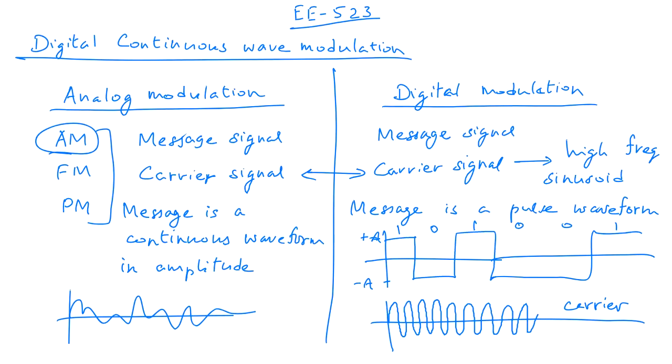We can have binary transmission, and we can also have M-ary transmission, where we put multiple bits onto a symbol and represent them with multiple voltage levels. We will see that representation in terms of the band pass signal. So we will look at the digital equivalent of amplitude modulation in today's lecture.